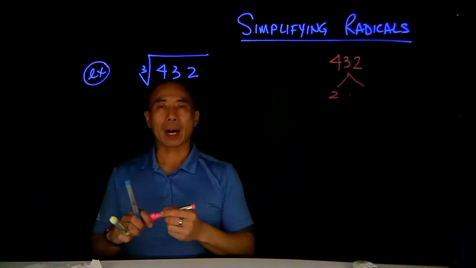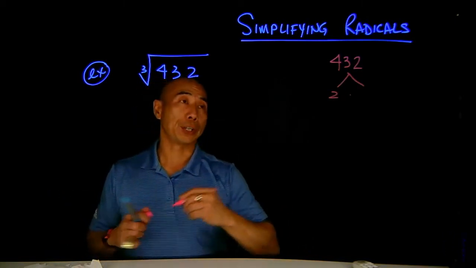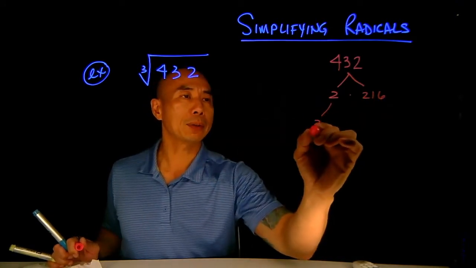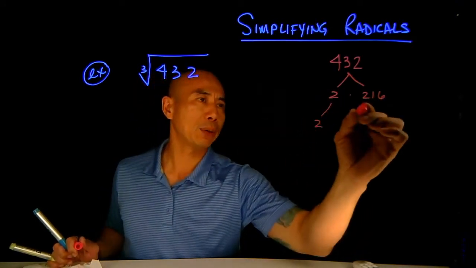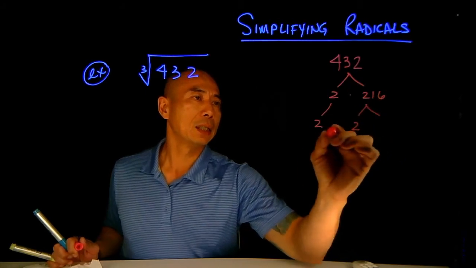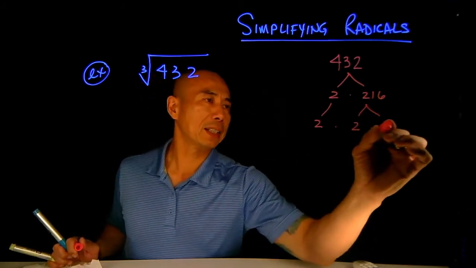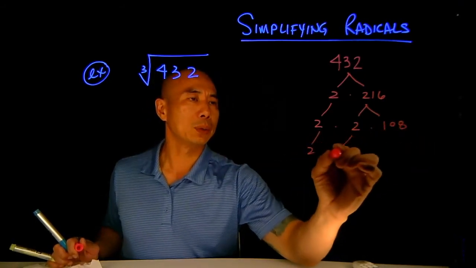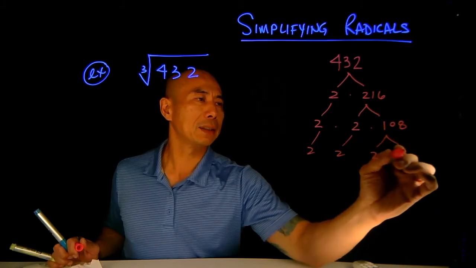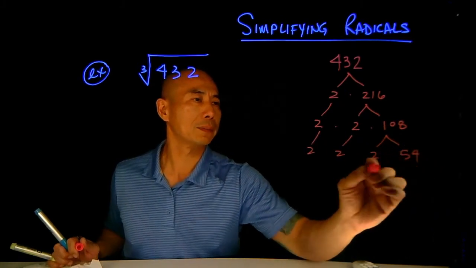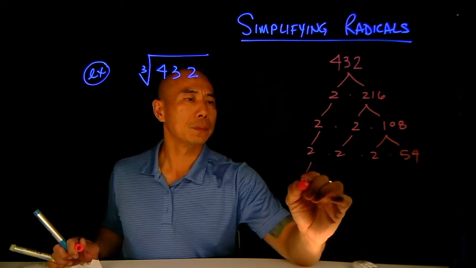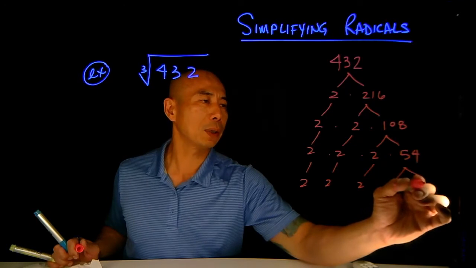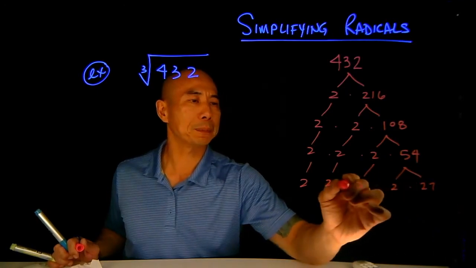So we know a prime number 2 goes into 432 216 times. 2 is already a prime, so all we're going to do is keep on bringing it down. 216, 2 goes in 216 108 times. 2 is a prime, 2 goes into 108 54 times. 2 is a prime, and 2 goes into 54 27 times.